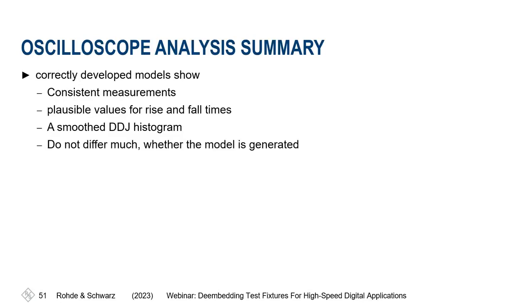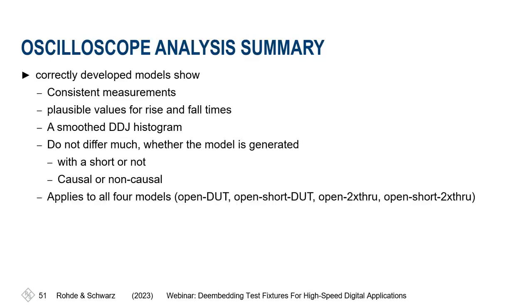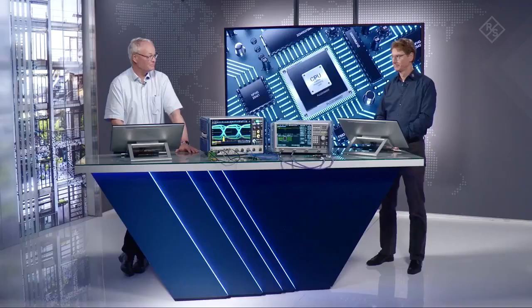They do not differ much whether the model is generated with a short or not, causal or non-causal. And this applies to all 4 models, by the way, the open-short 1x, the open-short 1x through, the open 2x and the open-short 2x through. So having said that, it's now your choice what you really need to do your measurement and your characterization. And with that, I hand over to Martin.